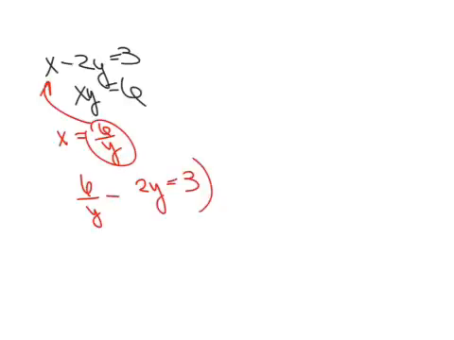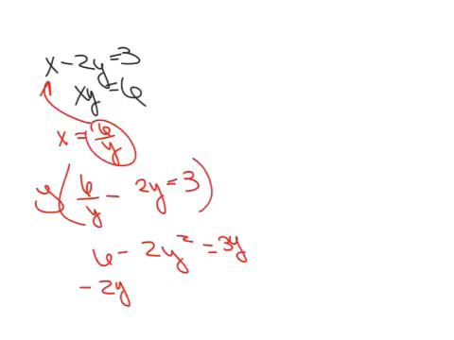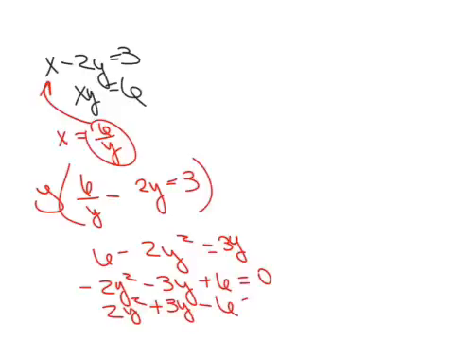Okay, multiply the whole thing by y, and I get 6 minus 2y squared equals 3y. And let's go ahead and flip everything around, get everything on the left side of the equation, change all of my signs so that my 2y squared is a positive, and I get that.